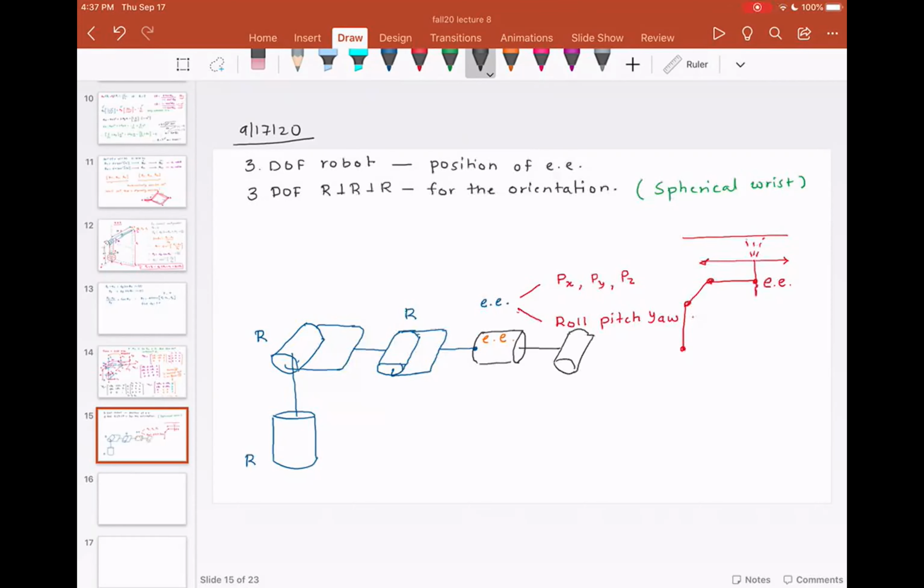But please note that these revolute joints are perpendicular to each other. And I just want to show you a different configuration that will make it clear to visualize.